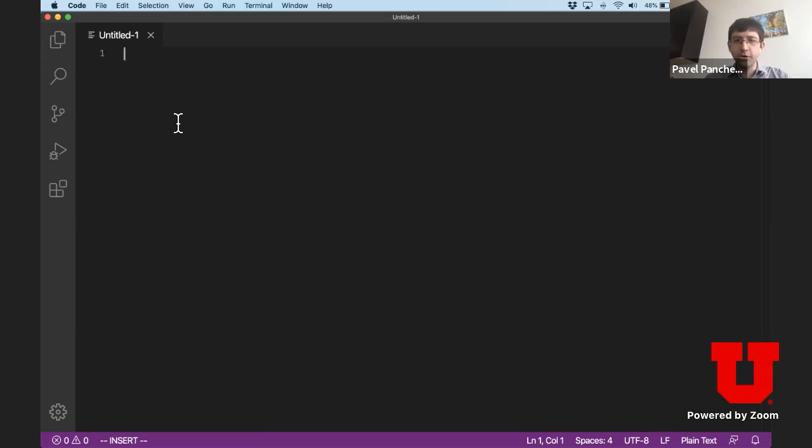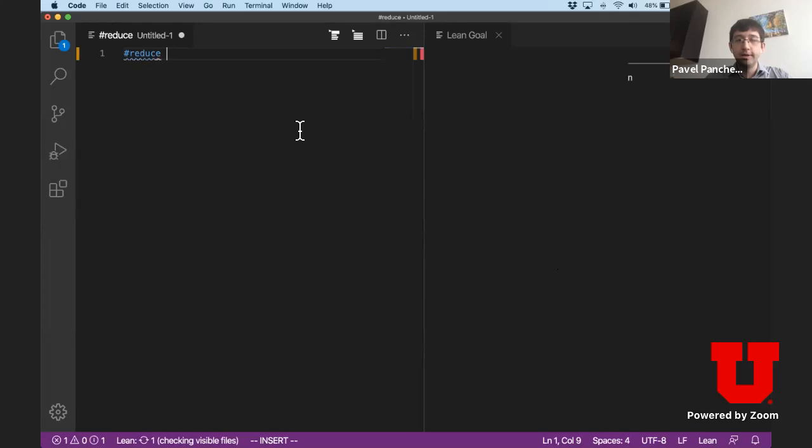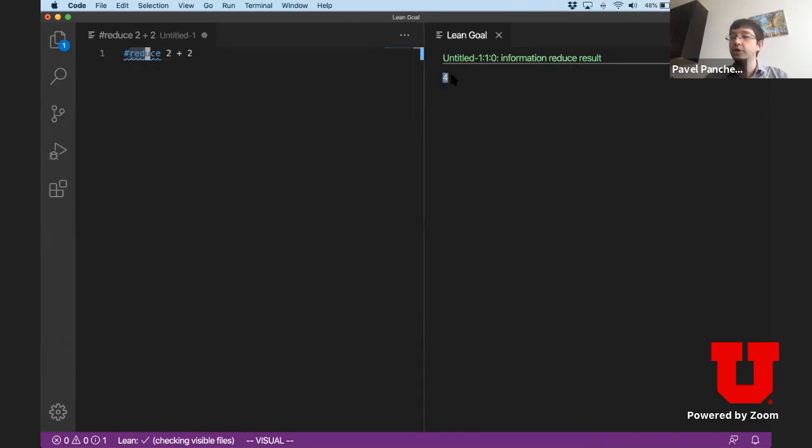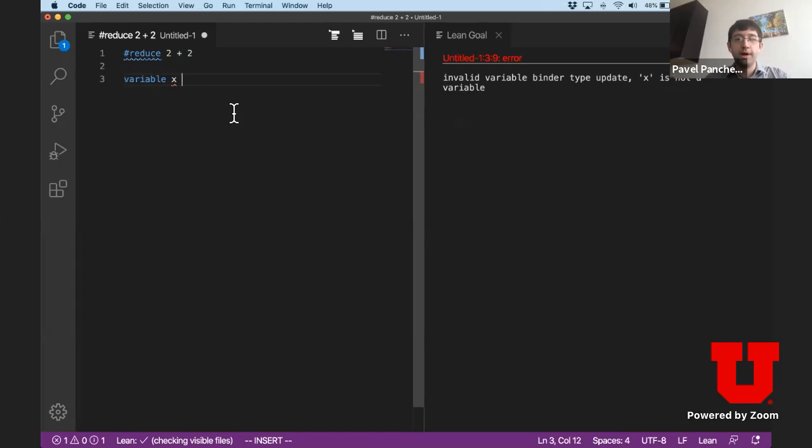Okay, so in Lean, I can ask Lean to do some kind of computation. I need to tell it that this is Lean code. In Lean, I can say reduce 2 + 2, and the reduce command here asks Lean to run a computation. So I wrote 2 + 2, and Lean ran it, and it got 4. But in Lean, you could also have variables. So I can introduce variables x and y of type int.